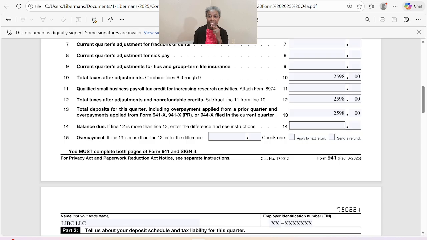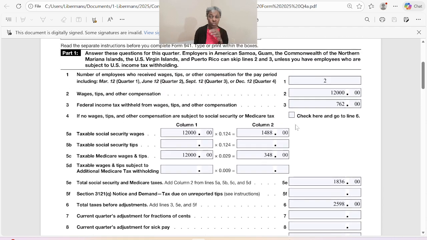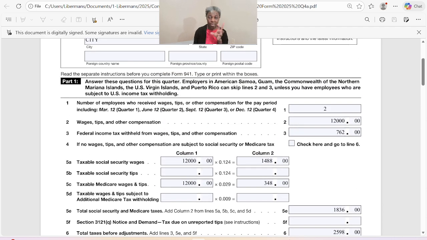In this instance where our line 13 is the exact amount as our line 12, the difference between the 2 is 0. So based on the instructions, there are some lines that you should not leave blank, and there are some lines that you should leave blank. So they didn't put any information here, but they have it in the instructions.